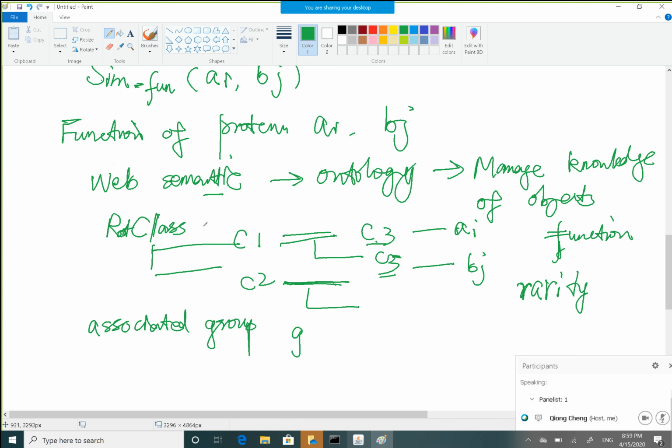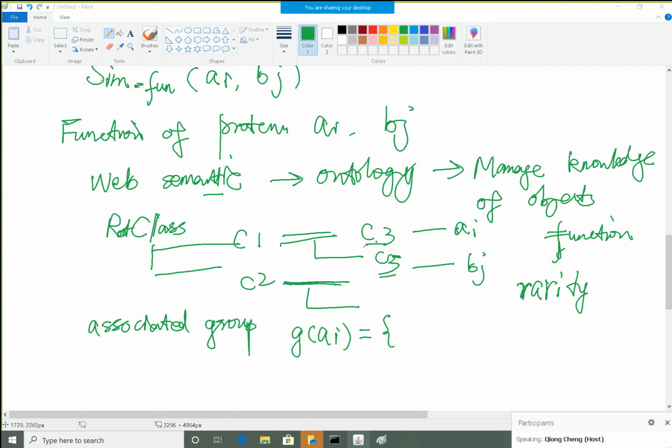The associated group with GAI, which we use this term to represent, is equal to, for example, the proteins T1, T2, and TK.